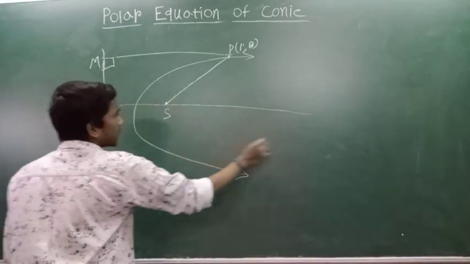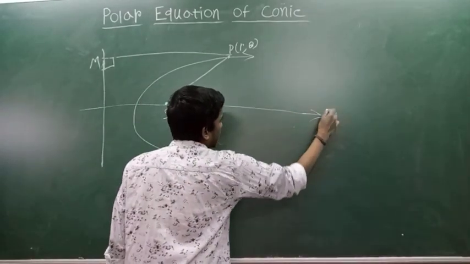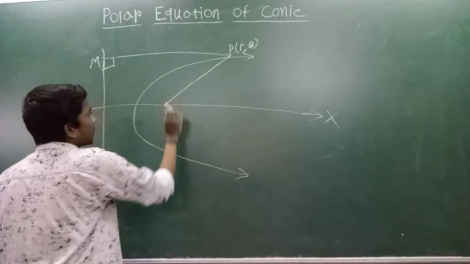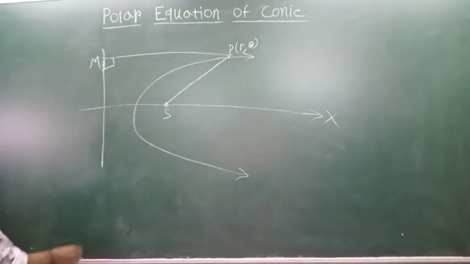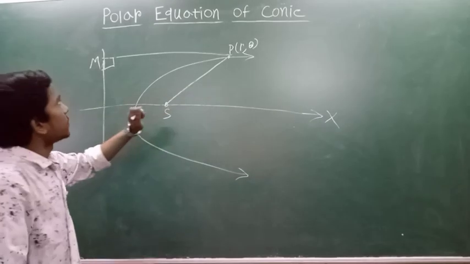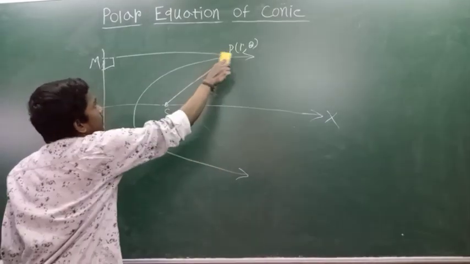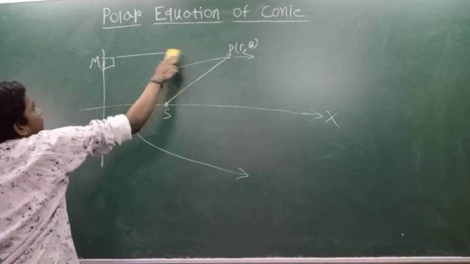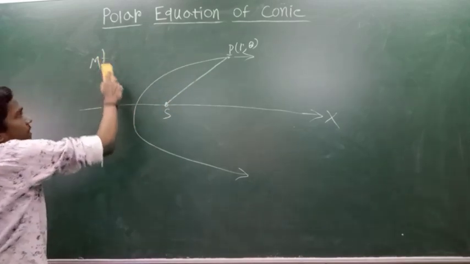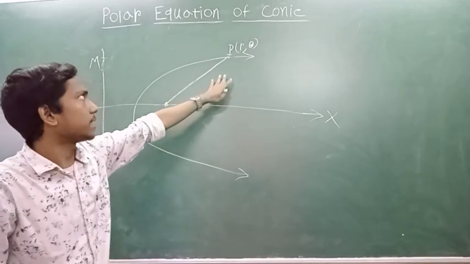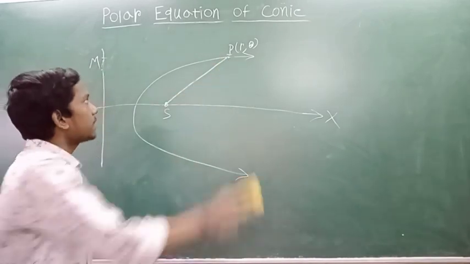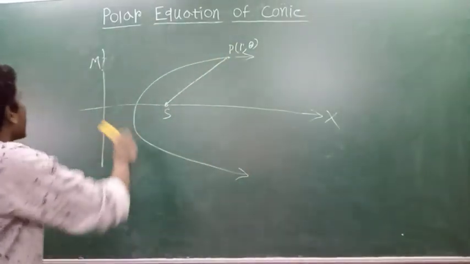This SX is the initial line, and S is the focus of this conic and the pole. We have to find the equation of this conic. Basically, we have to find the locus of point P. Since point P is an arbitrary point, it moves along this conic. So if we can find the locus of point P, we'll be able to derive the equation of the conic.